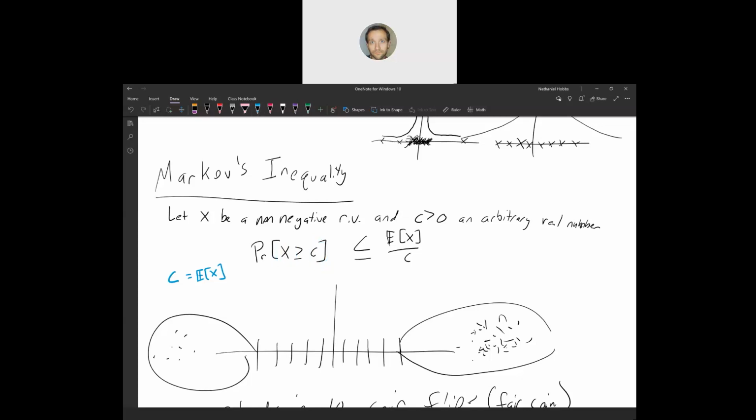In fact, let's change this: c equals k times the expected value. K here is a constant: 1, 2, 3, 4, 1.5, whatever you like. Some positive number, so k greater than 0.